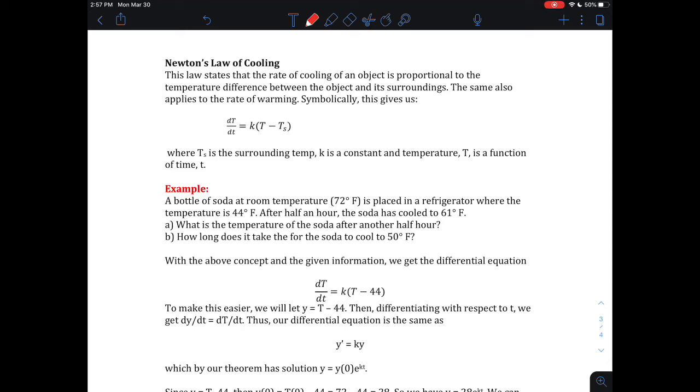Symbolically, this gives us dT/dt is equal to k times capital T minus capital T sub s, where capital T sub s is the surrounding temperature, k is a constant, and temperature, capital T, is a function of time, lowercase t.